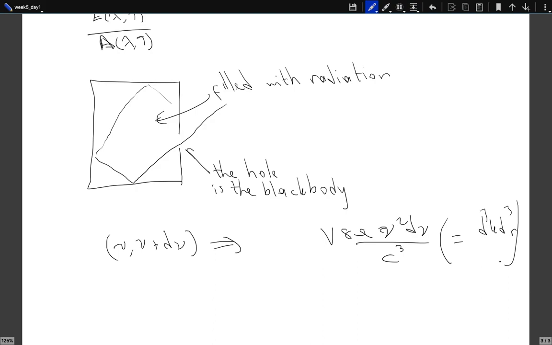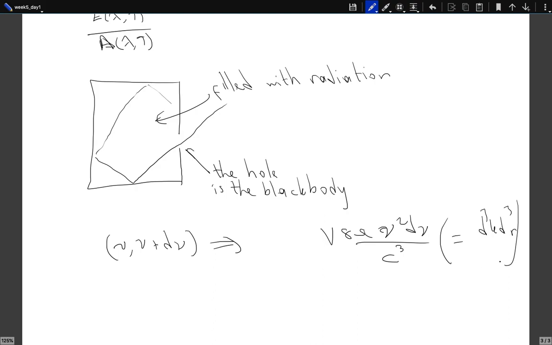You integrate over all possible wave vectors and all possible positions. That's how I remember this expression. So this is the number of modes, the number of different ways that the electromagnetic radiation inside can oscillate.